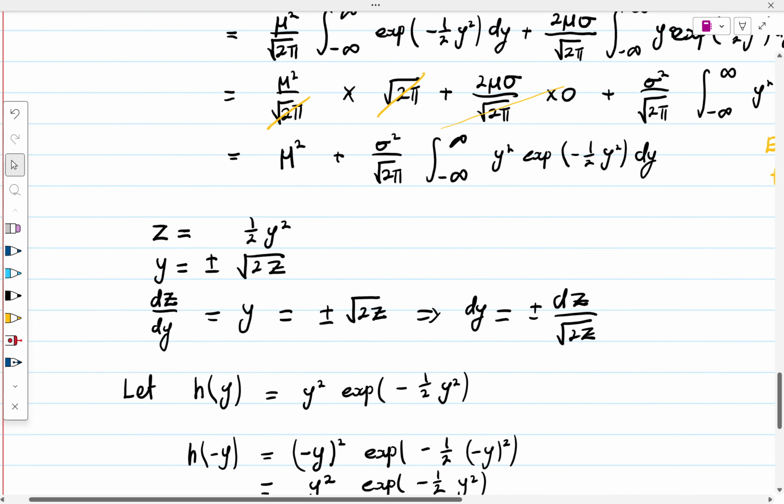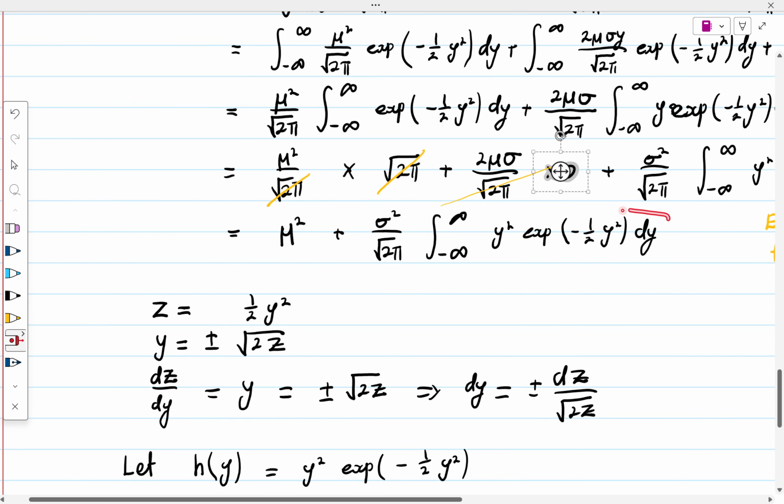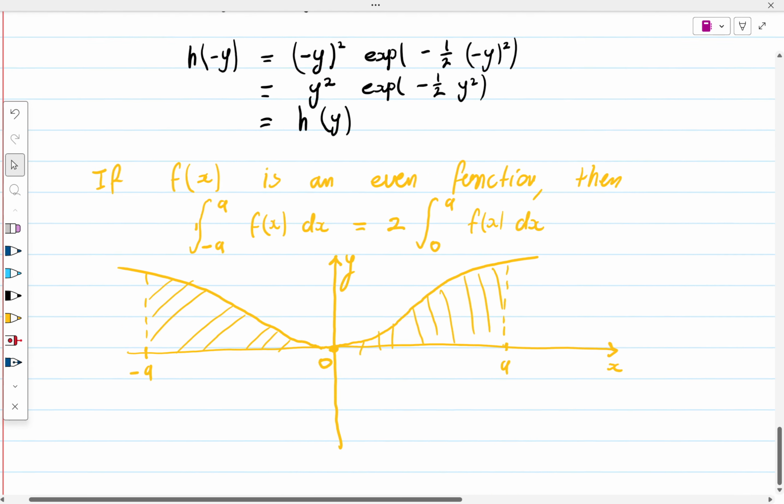So going back above to this expression here, instead of going from negative infinity to infinity, we can just go from 0 to infinity and then put a 2 out the front. So that's what we'll do.